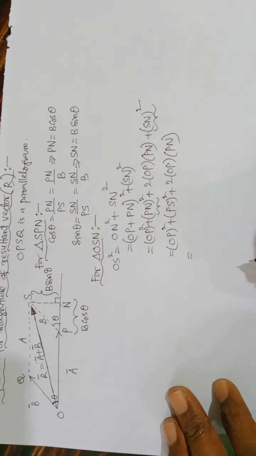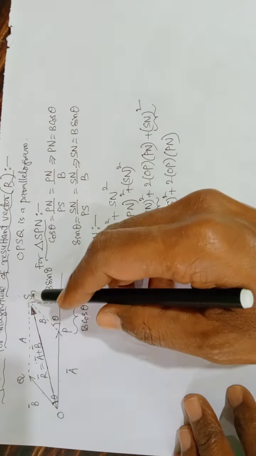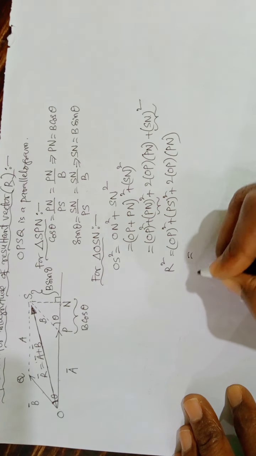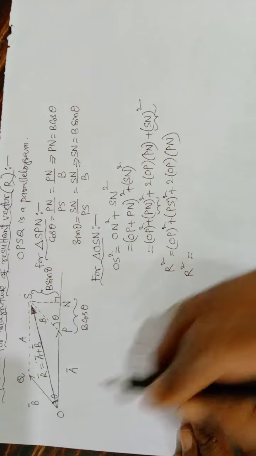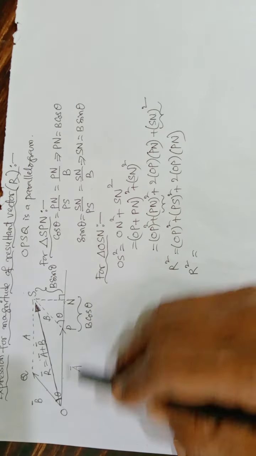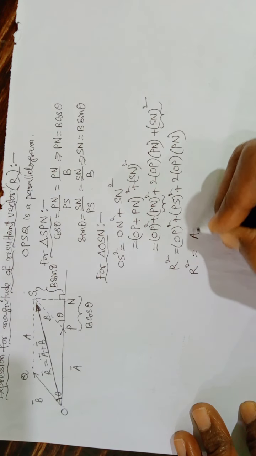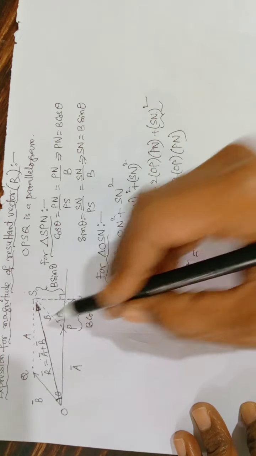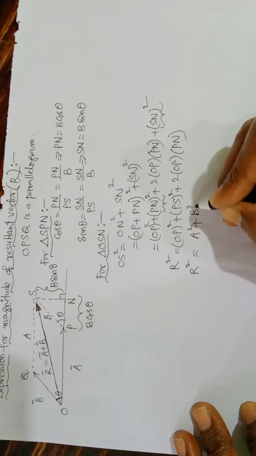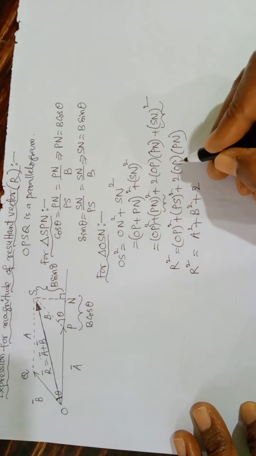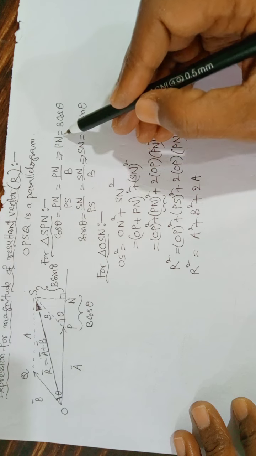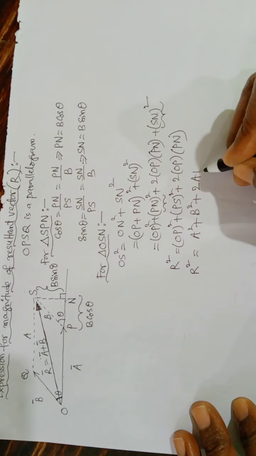Now see, this OS is nothing but R. OP is A. PS is B. PN we derived is B cos theta.